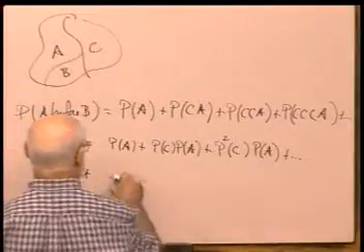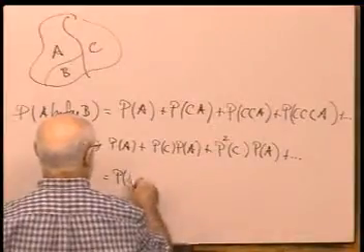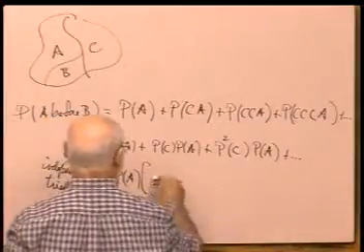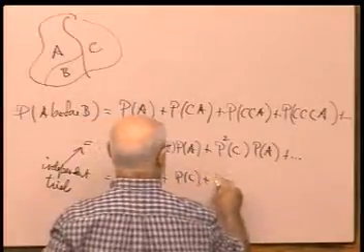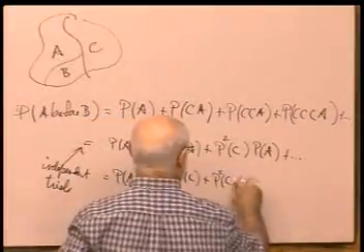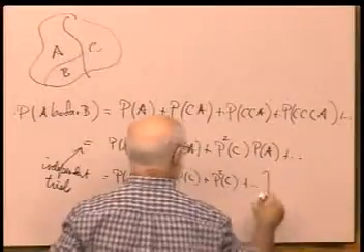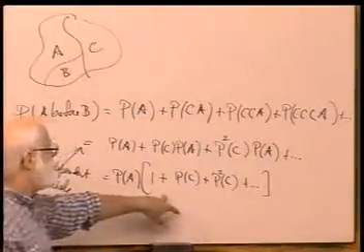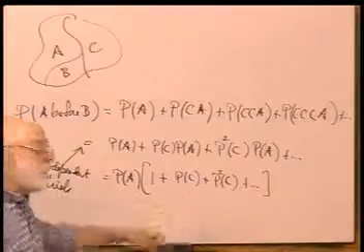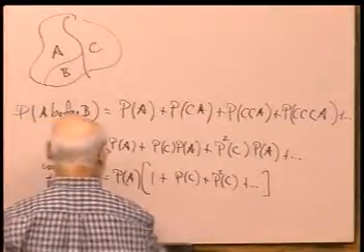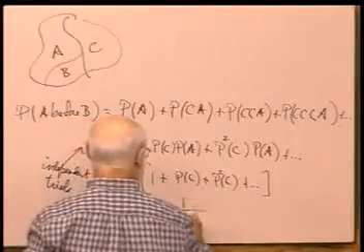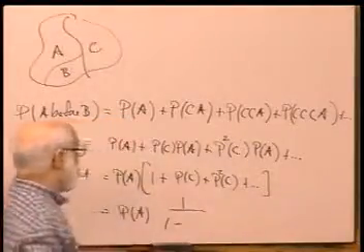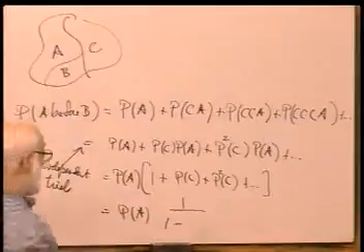Because now I sum this series, I take out the probability of A, and I'm left with 1 plus probability of C plus probability of C squared, and so on. And now I just recognize this as the geometric series, for which I use that formula. So this becomes 1 over 1 minus the thing that I'm raising to a power.